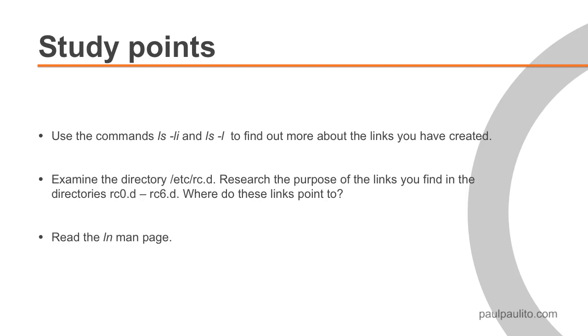Use the commands ls -li and ls -l to find out more about the links you have created. Examine the directory /etc/rc.d. Research the purpose of the links you find in the directories rc0.d through rc6.d. Where do these links point to? Read the ln man page.